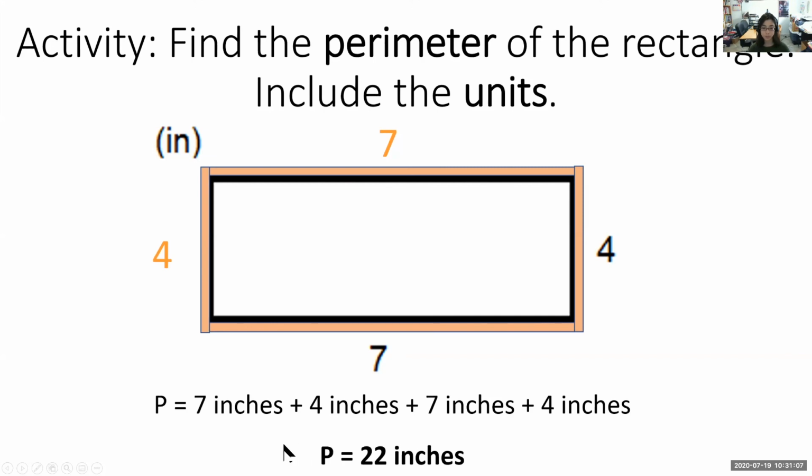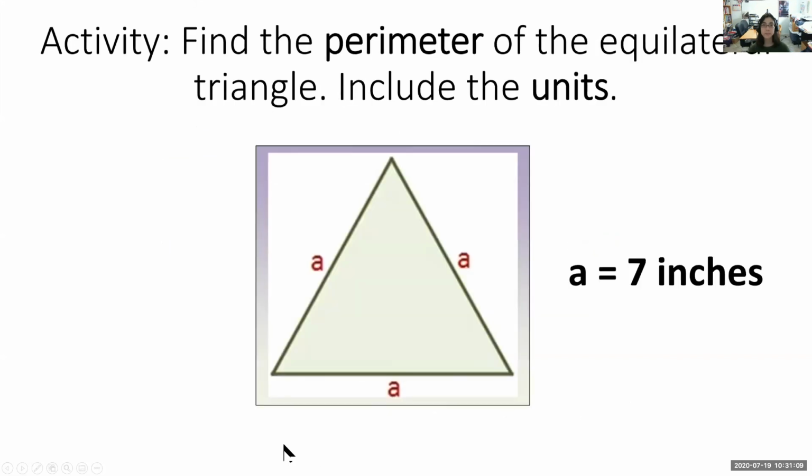So let me show another example. Our instructions are to find the perimeter of the equilateral triangle. Equilateral means that all of the sides have the same length. And we have to include the units. We can see that this side is A, this side is A, and this side is A. And we have A equals 7 inches.